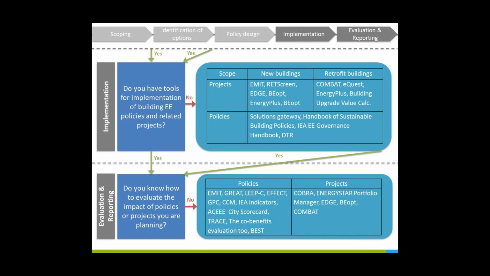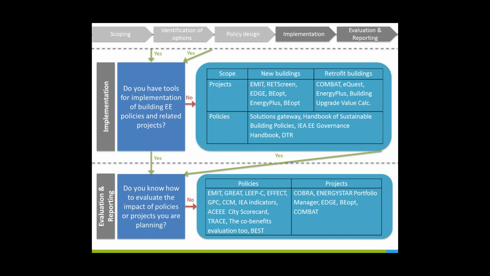So this is a very brief overview of the so-called decision tree which we came up with, which we hope can help policy makers to navigate through their policy making process and advise on tools which they can use along this process.